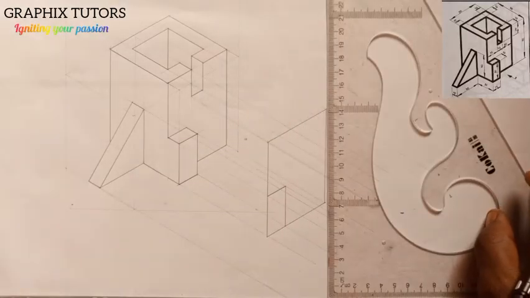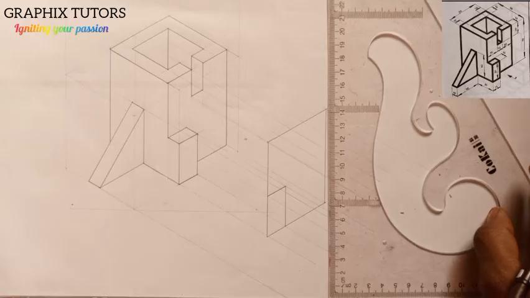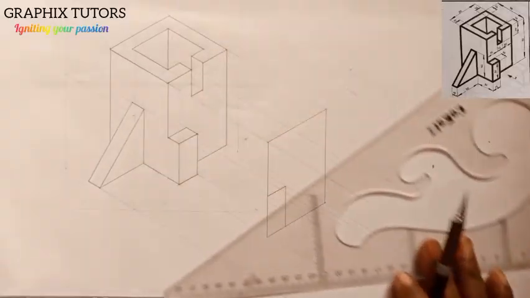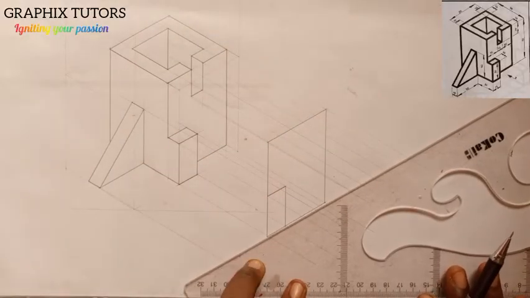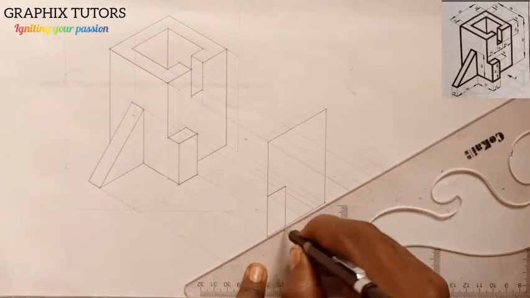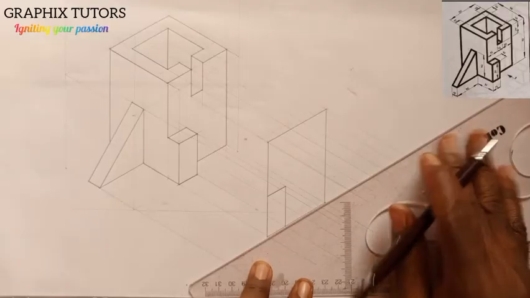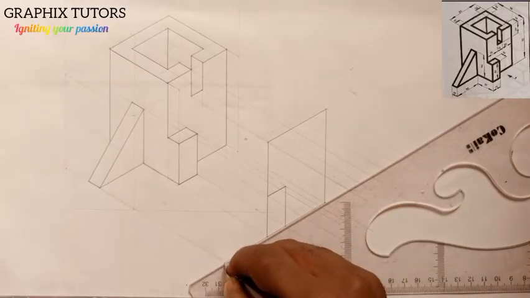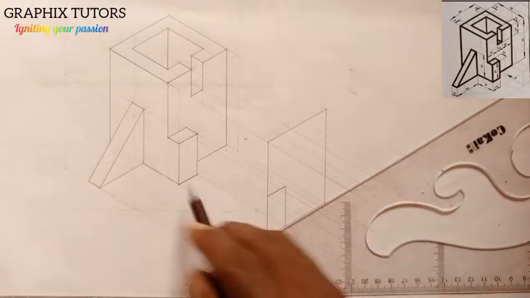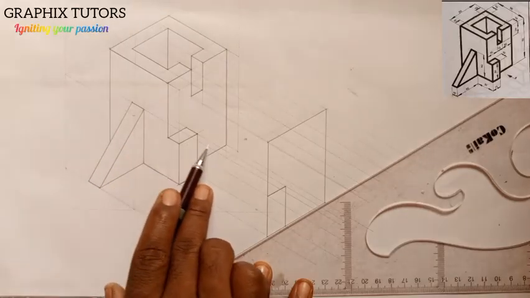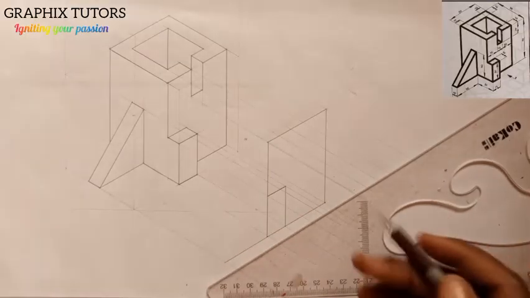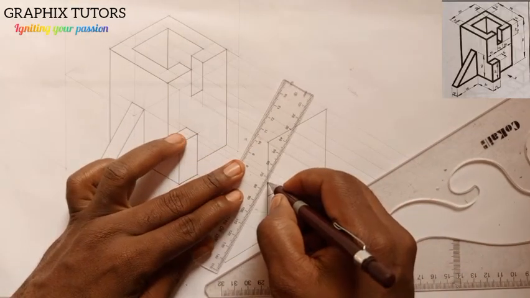Now the next one, I'm going to extend to this point too. No matter what, you see this as a straight line, so I'll extend this straight down to this point. And if you trace this line, it's meeting at this point, so I'm going to connect that point straight down to here.